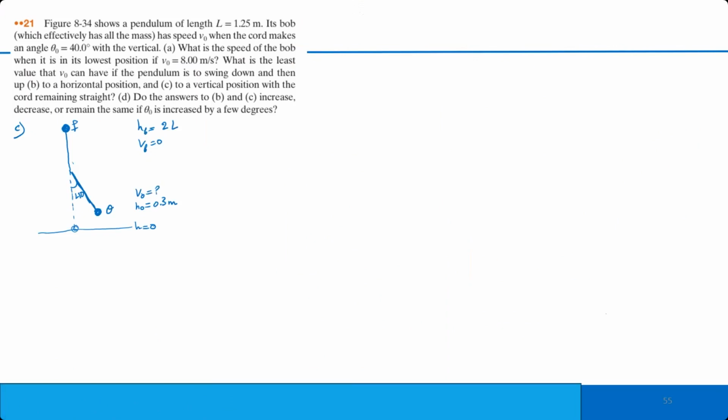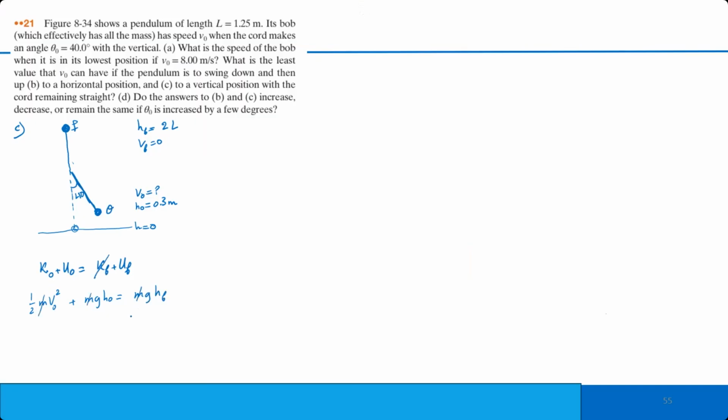So I'll do exactly the same study. I'll put KO plus UO equals KF plus UF. What we want is the initial speed for the pendulum to make it to this final point. So what I want is over here in the initial kinetic energy. I'll substitute everything and isolate the initial speed. So V final is 0, this goes away.